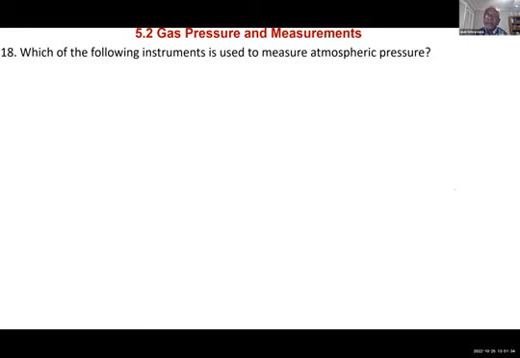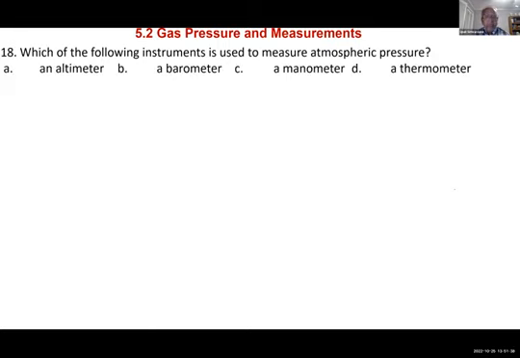Atmospheric pressure is measured with a barometer. An altimeter gives the height of a plane. Manometer is for gas containers. Thermometer for temperature.